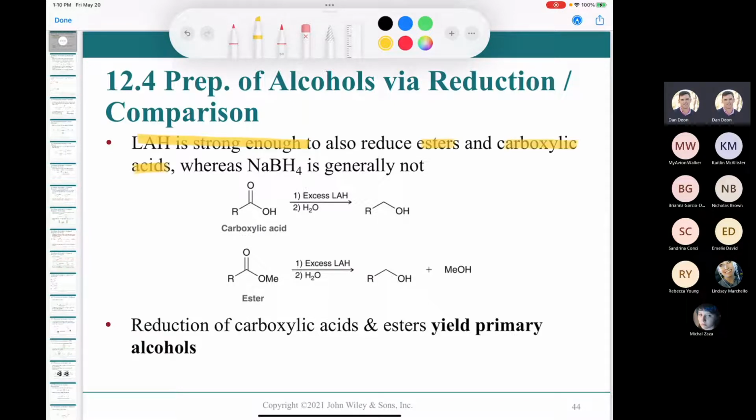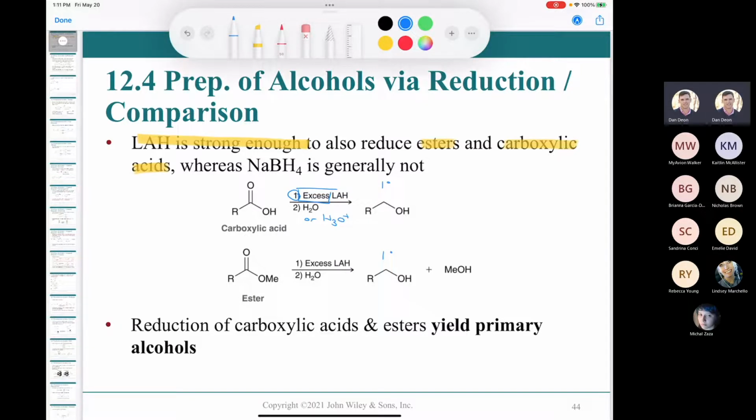The difference is that instead of just putting lithium aluminum hydride as our first reagent, we have to let the reader or viewer know that we have to add excess lithium aluminum hydride followed by water, or you could put aqueous acid, so you could put H3O plus here. What that does is it reduces a carboxylic acid or an ester all the way down to a primary alcohol. So we always end up with a primary alcohol.